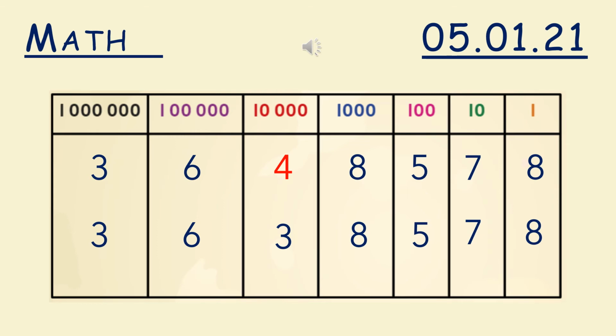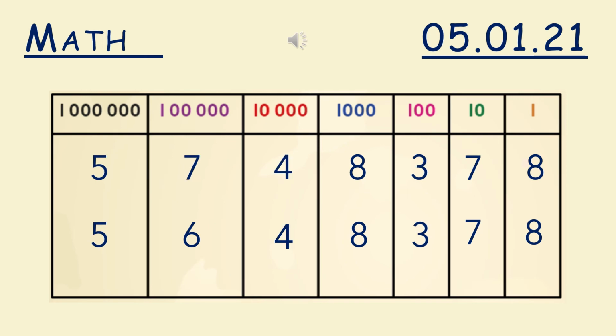These are equal as they both have 3 in. This means 3 million. Next is the hundreds of thousands, both showing 600 thousands in. Next is the 10,000s, and as you can see, the 4 is larger than the 3, meaning 40,000 is larger than 30,000. This must mean that the top number is the largest number.